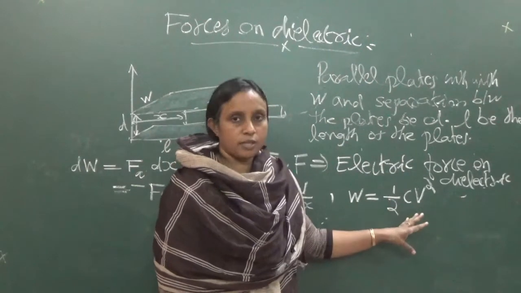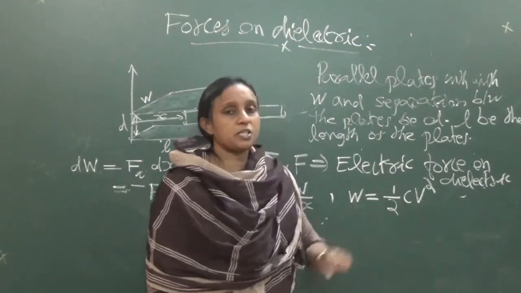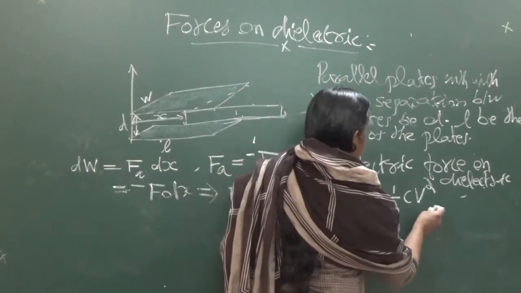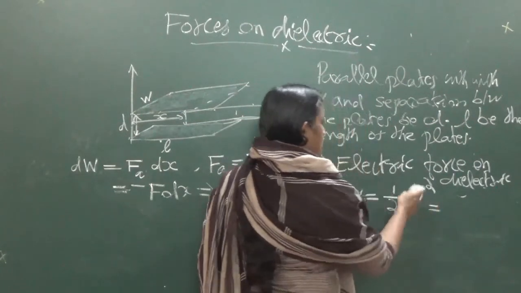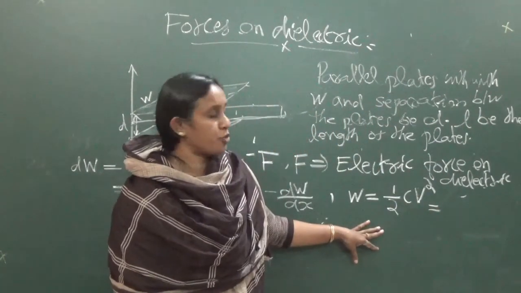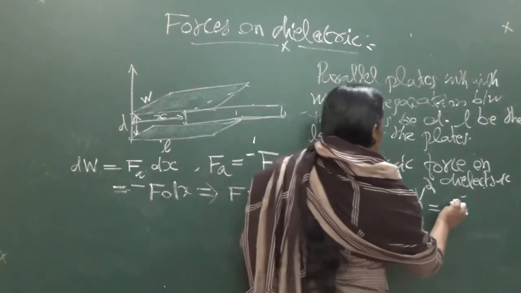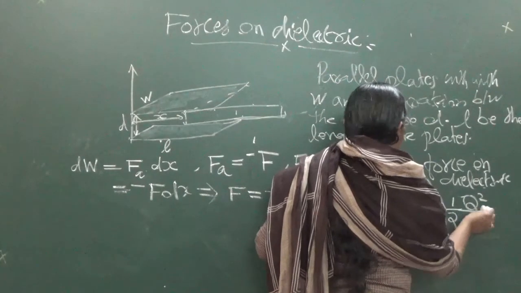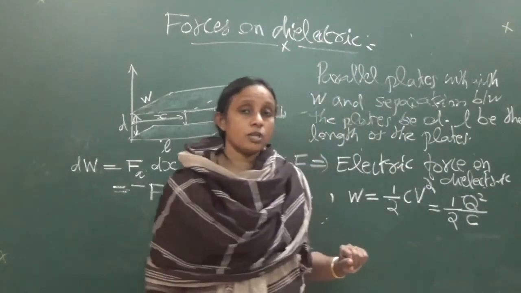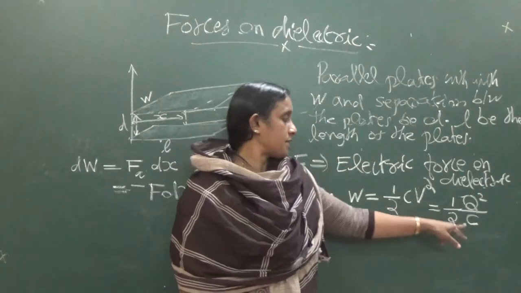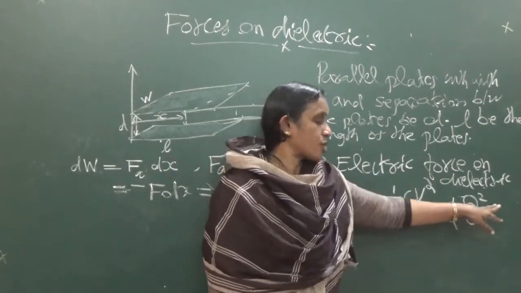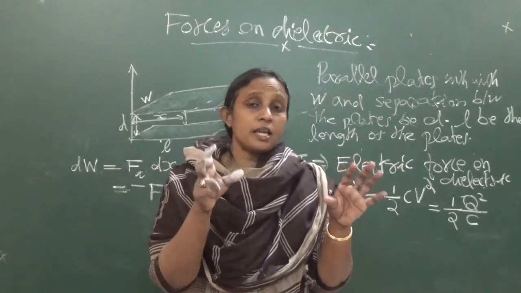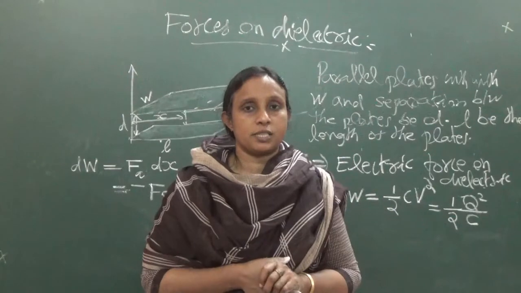We can write this expression in terms of charge Q. Since Q equals CV, you can write this as half Q squared by C. Now we can keep the charge on the capacitor constant.